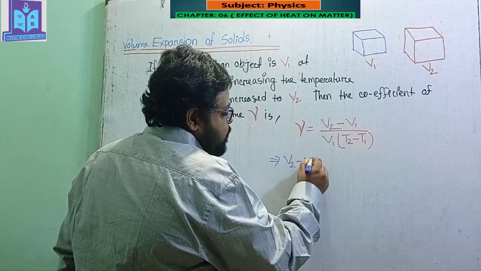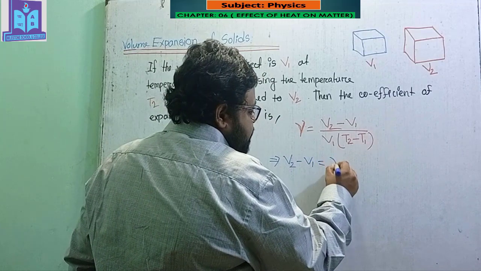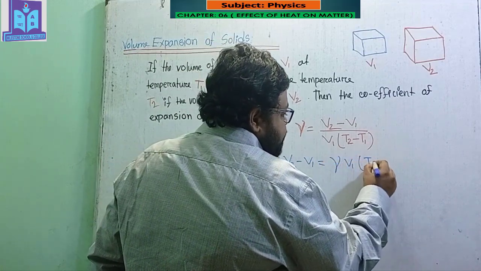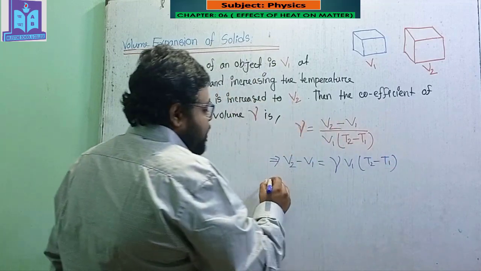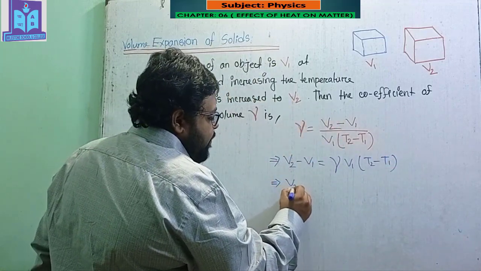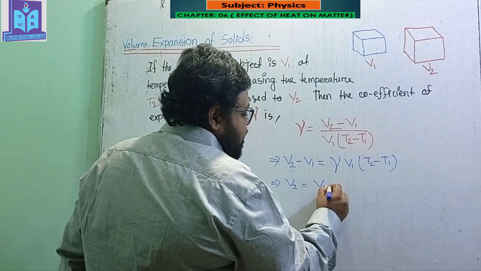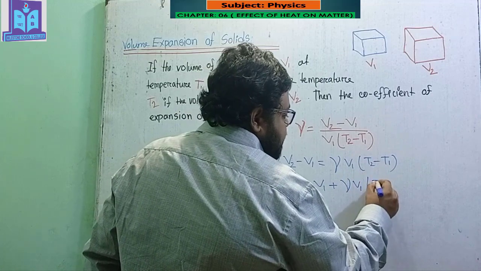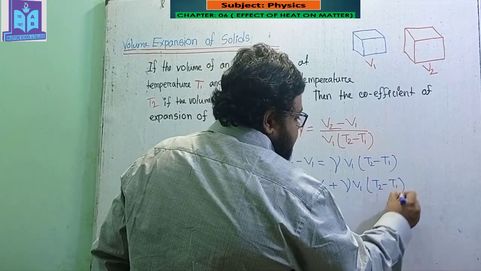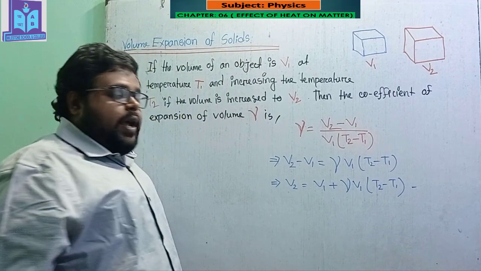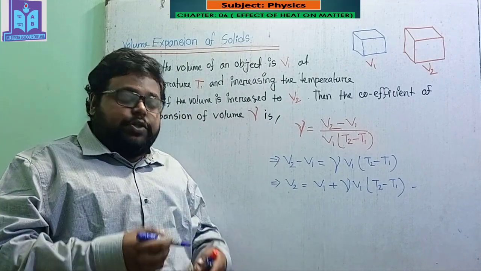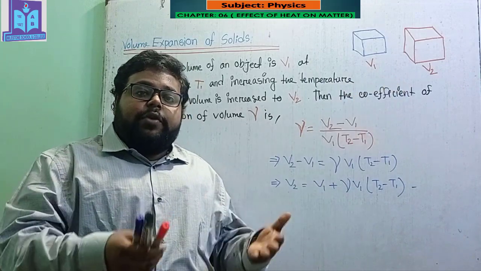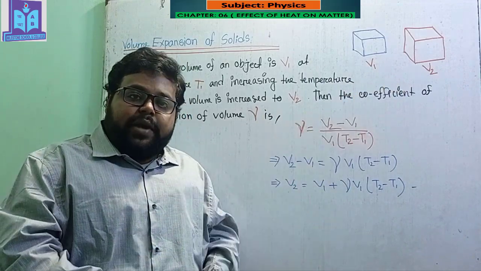V2 minus V1 equals gamma V1 into (T2 minus T1). Then V2 equals V1 plus gamma V1 (T2 minus T1). So, dear student, by using that equation, we can easily find the expanded volume for any solid.